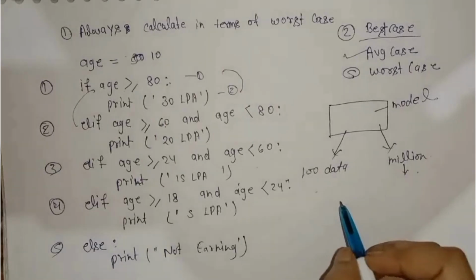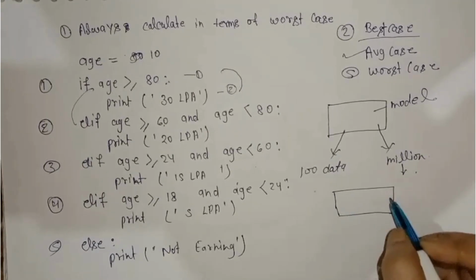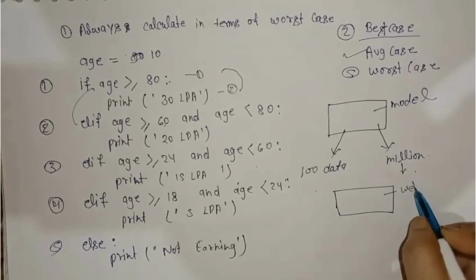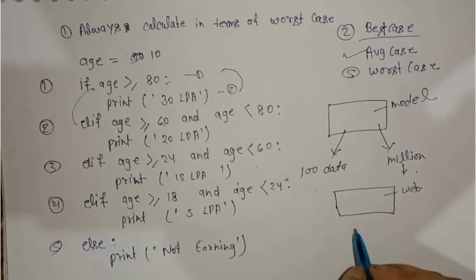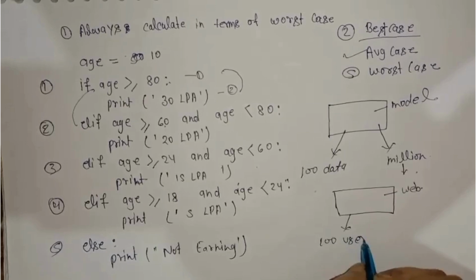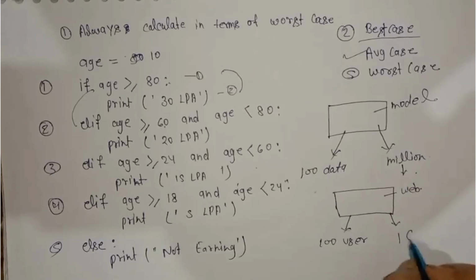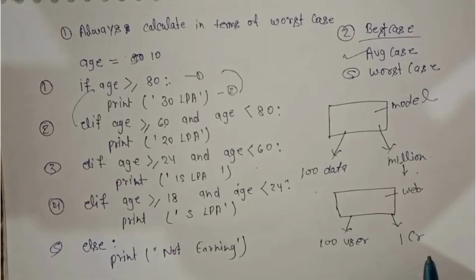For another example, let's think you are a developer and you are making a website, and you have two options. You can make your website for 100 users, or you can make your website for 1 crore users.